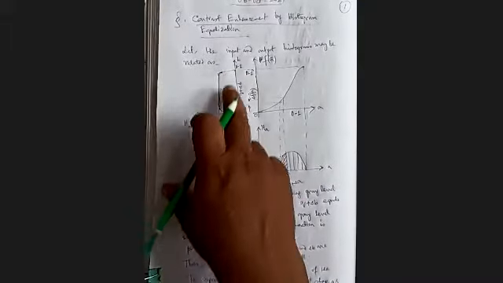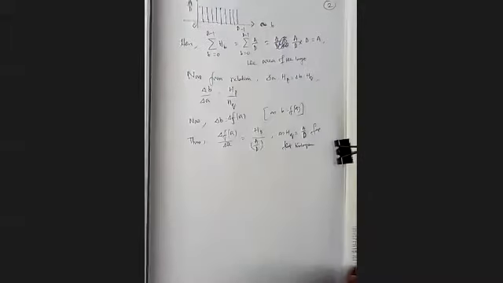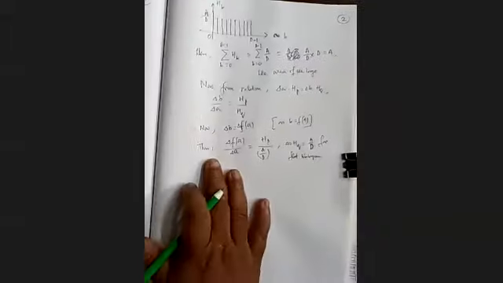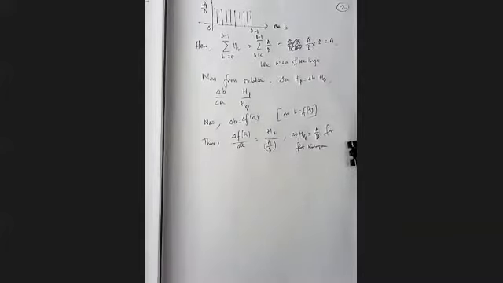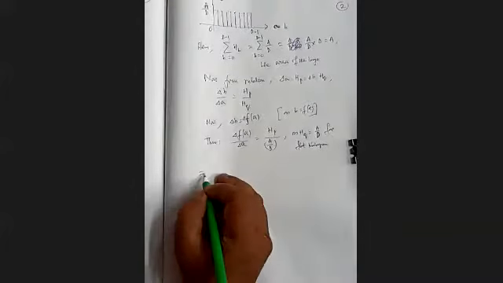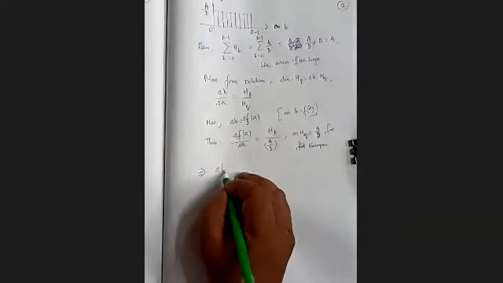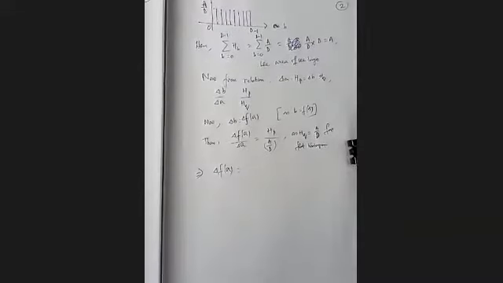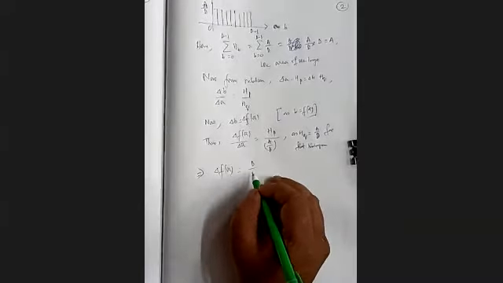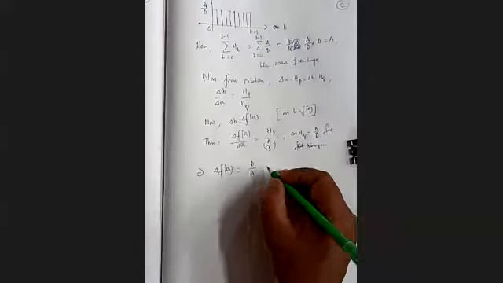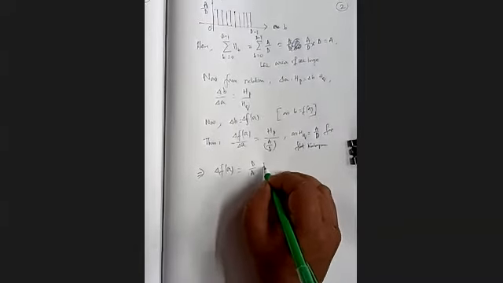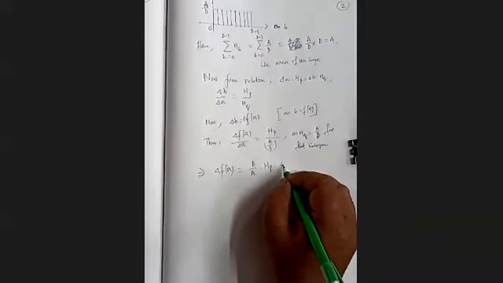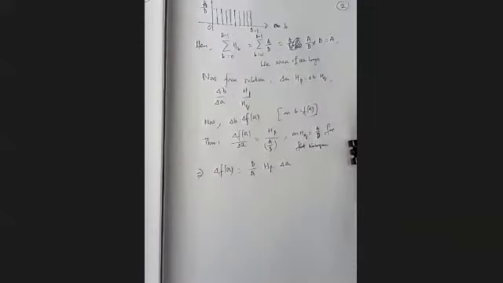So HQ equal to A by D, or we can write delta FA equal to D by A into HP delta A.